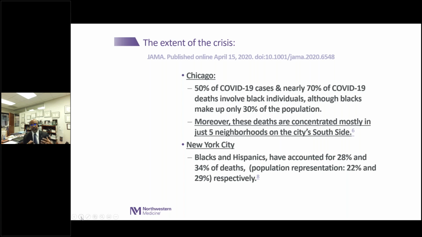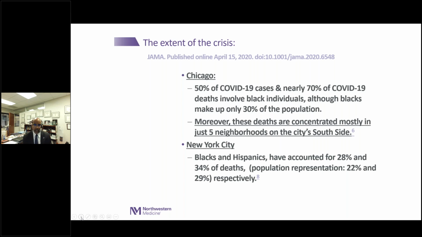I got engaged with the analysis of what was happening by virtue of the events in Chicago. 30% of the population in Chicago is composed of persons that self-identify as Black, but 50% of the cases and nearly 70% of the deaths involve Black individuals, and those numbers remain extant even as we speak.